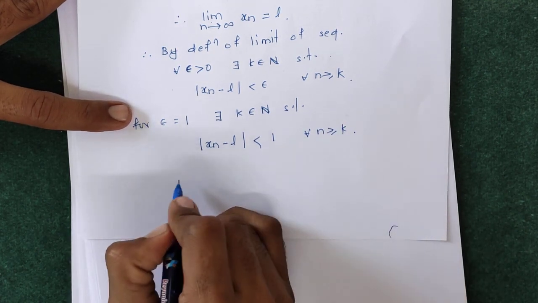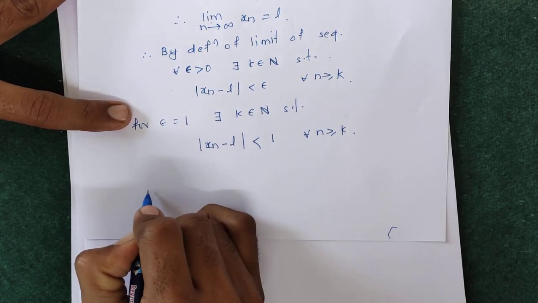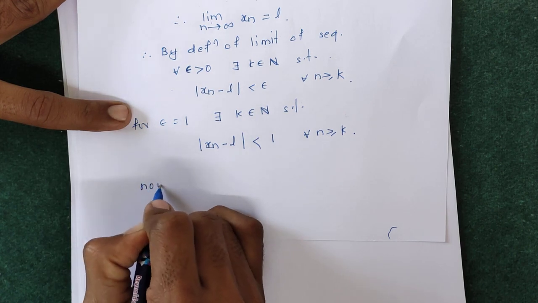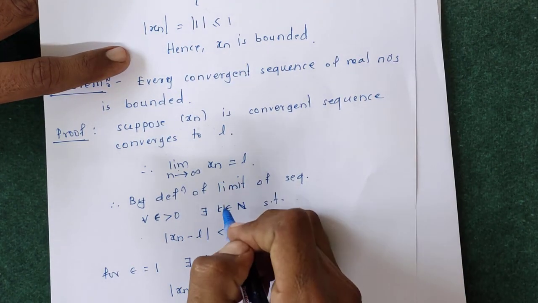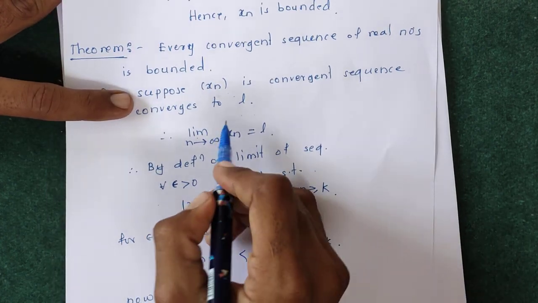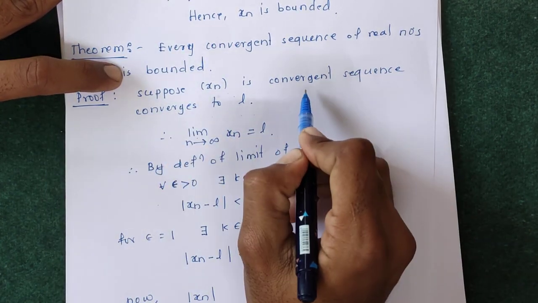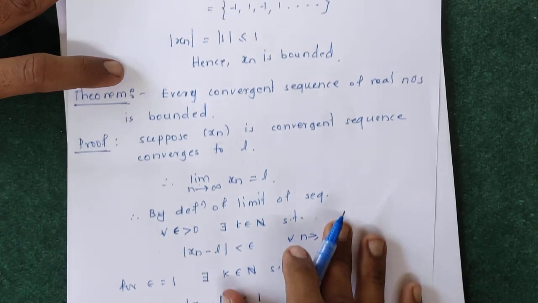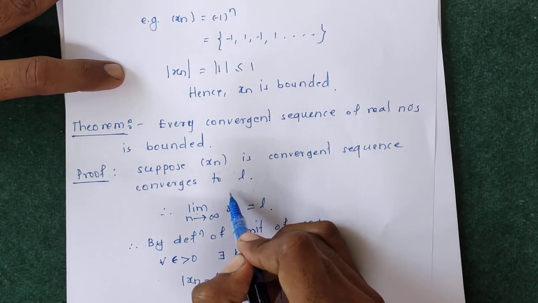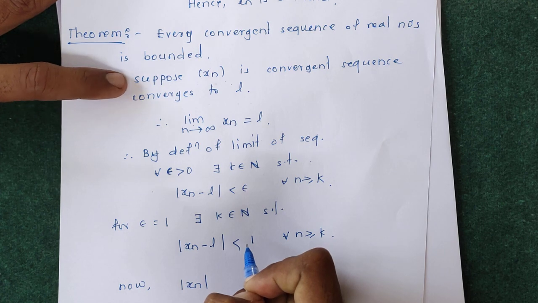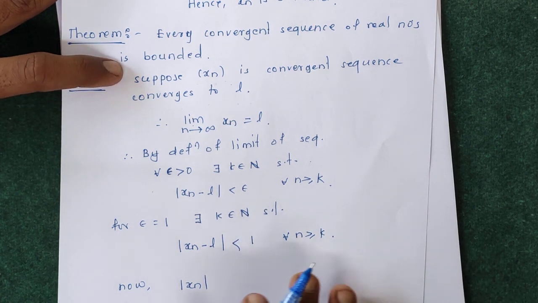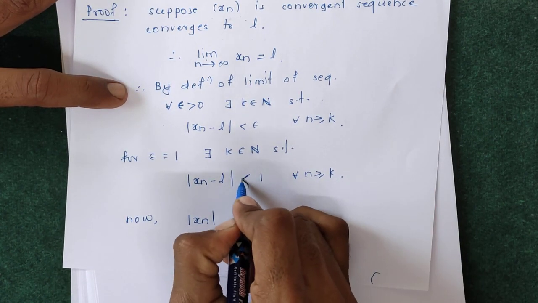Now consider mod of xn. We have to prove that this convergent sequence is bounded. Till now we have just written that this sequence is convergent and converges to the limit L. Now, using the definition of limit of a sequence, we get mod of xn minus L is less than 1.